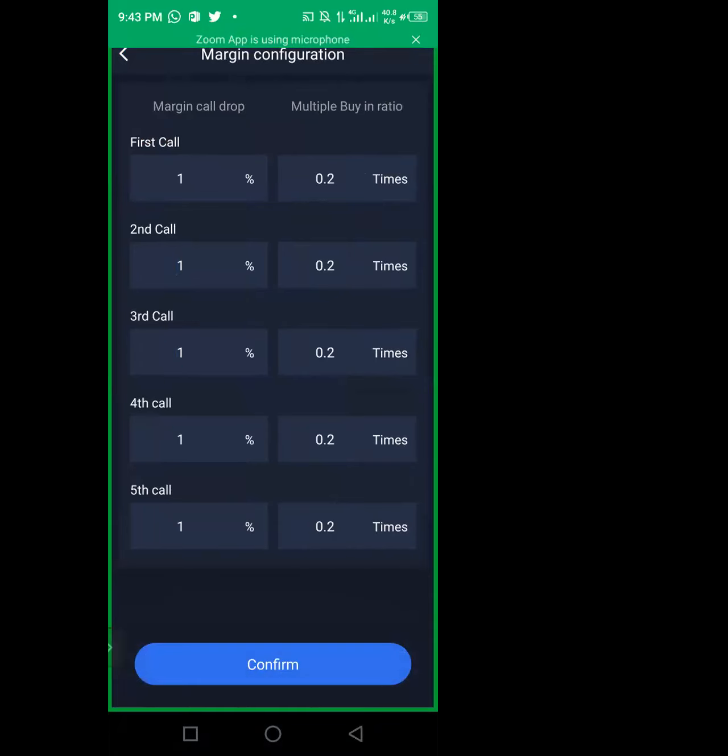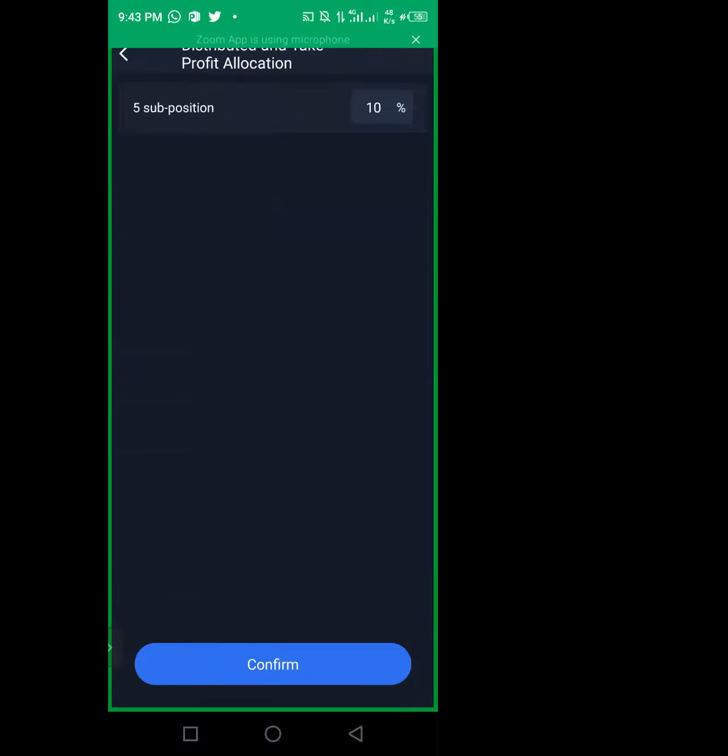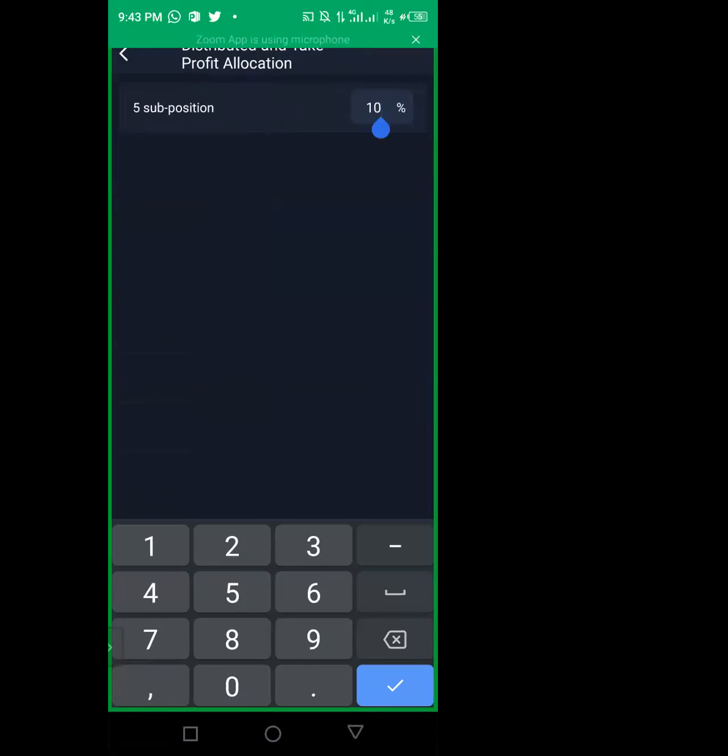If you want to put the profit you want the robot to take in this your fifth, you know that from fifth, sixth, seventh, the robot sees them as individual. So you are supposed to set their own take profits individually. You cannot put it to be higher than the total recovery of all your margins plus your first buy percentage.